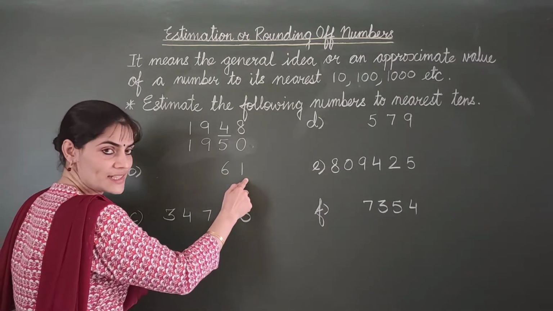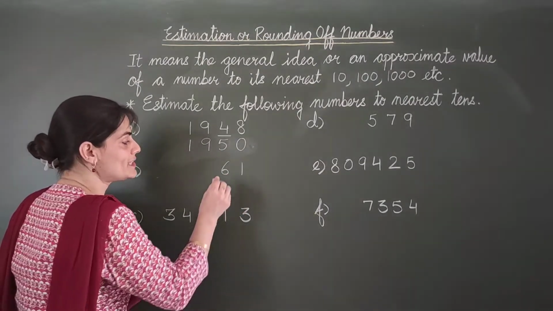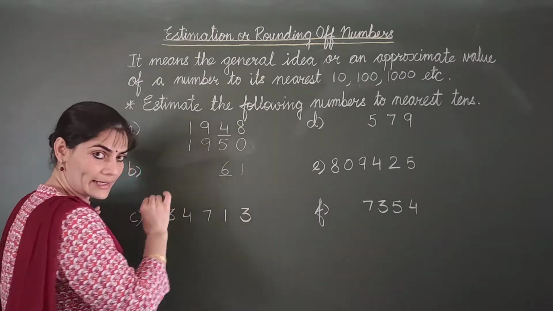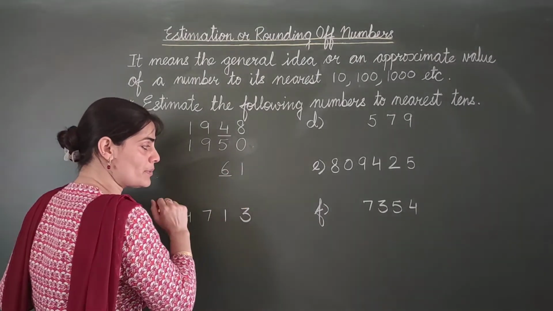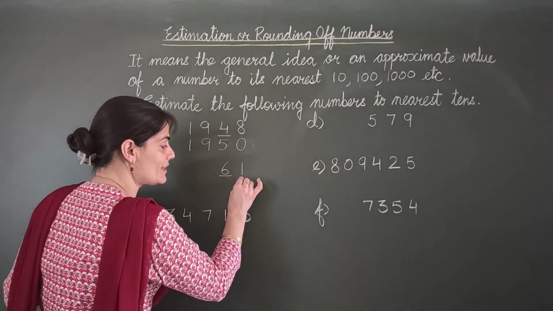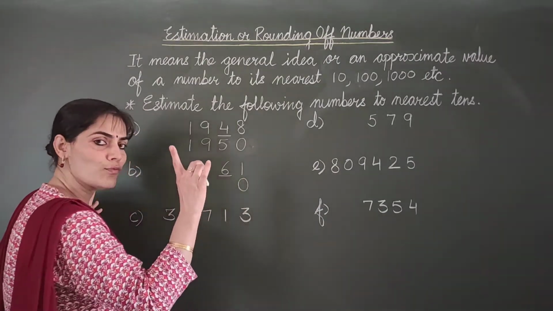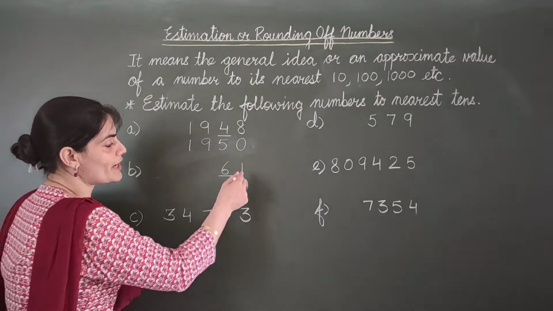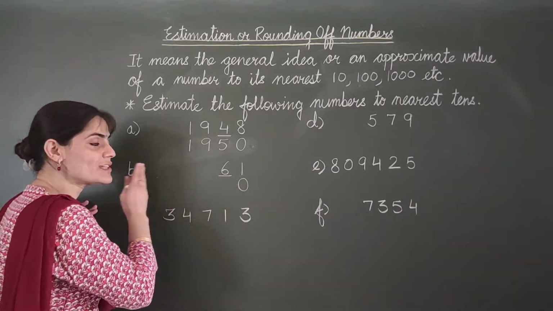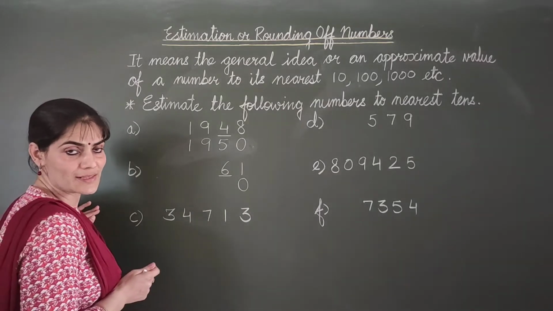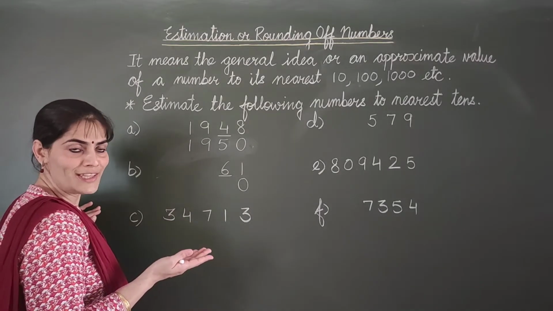Now we move to the next part. Here we have 61. Now the digit at tens place is 6. I underline it. And as you know, the digit at smaller number place is replaced by a 0. We just have one smaller number place, so I replace this 1 by 0. Now there are no digits at larger number places, so we are not required to do anything.